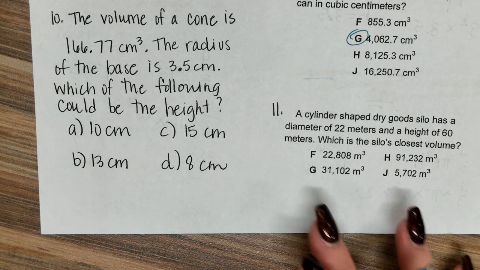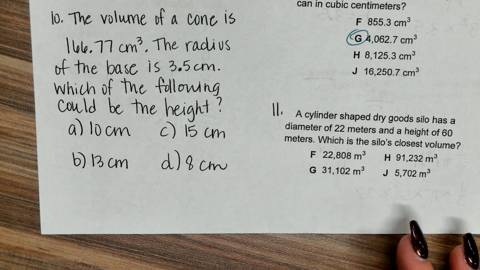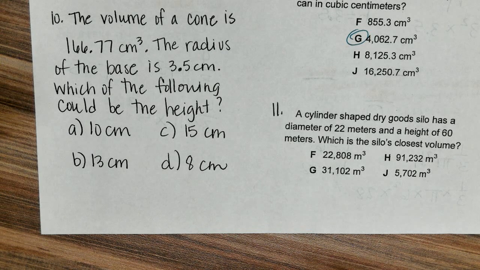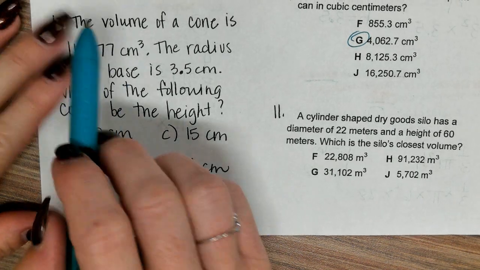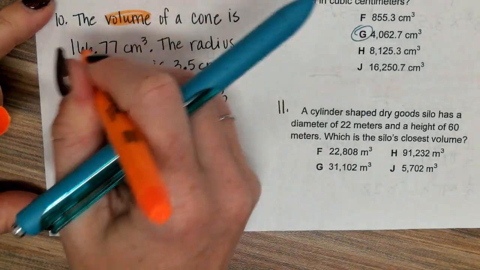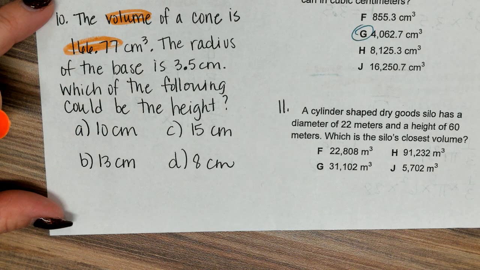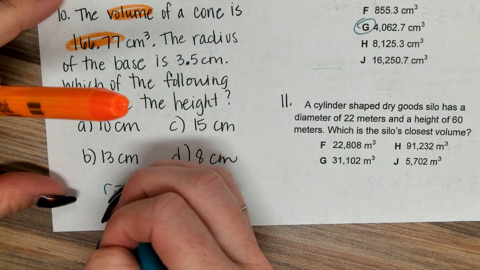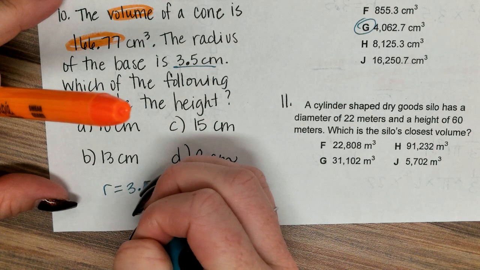Number 10, the volume of a cone. Now this one I have not really taught you how to do, but you should have used your knowledge to do it. It says the volume of a cone is. They gave you the answer. That's the answer to the problem. The radius, so I'm going to put the radius is what? 3.5.